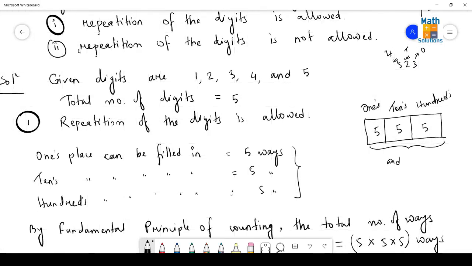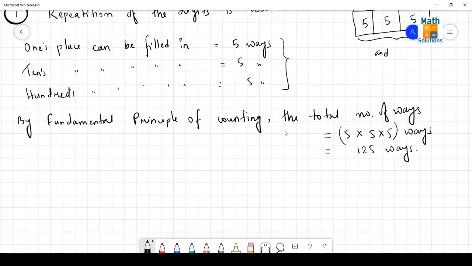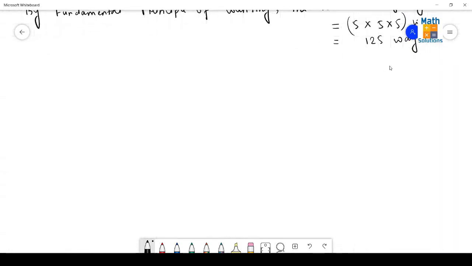Let's come to the second part. Repetition of the digits is not allowed. When repetition is not allowed, in that case what do we have to do? Let us check now. Repetition is not allowed means the digit which we are using for the first place cannot be repeated for the second place. Yes or no?